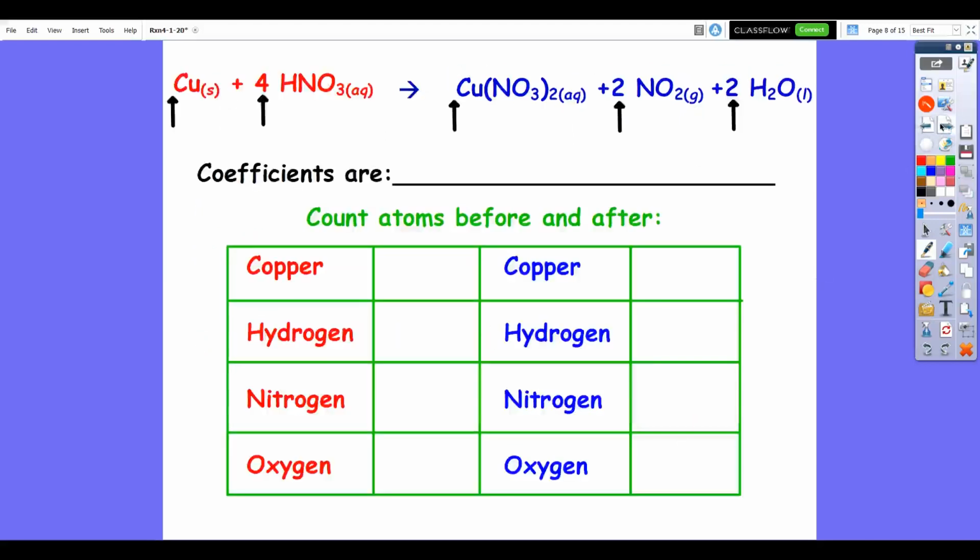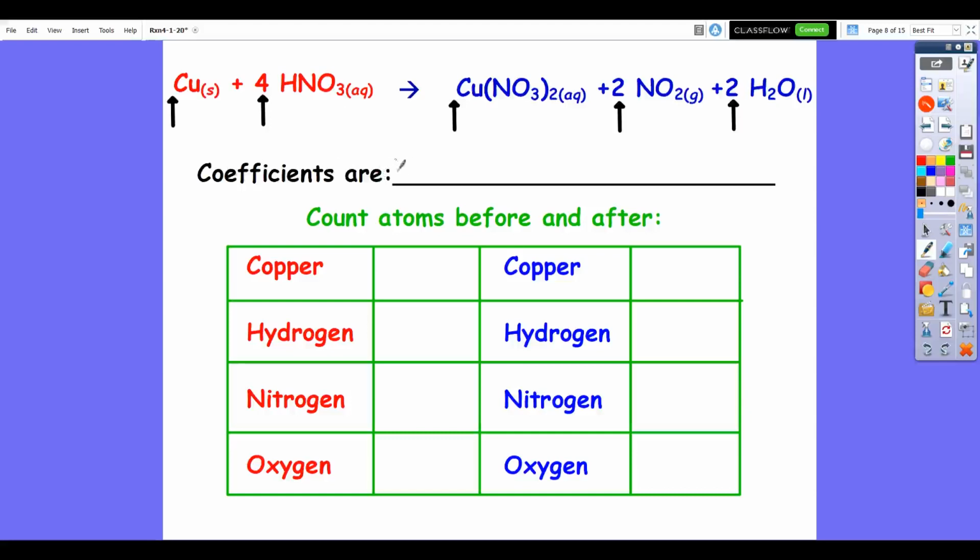So next are the coefficients. So right here in front of my copper, I don't have anything written. It's just like subscripts. Nothing there means 1. So my coefficients are the big numbers in front of each chemical formula, in front of each chemical compound. And the important thing is that they tell us how many we need of each compound.